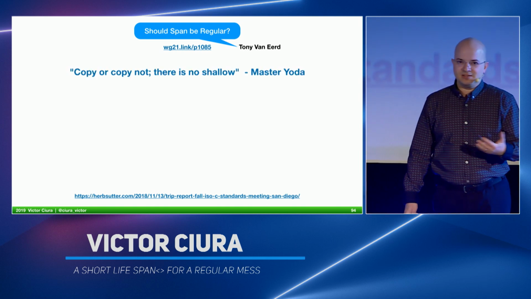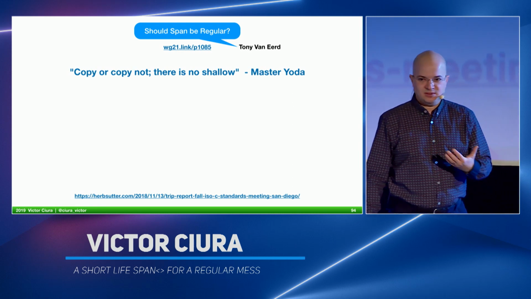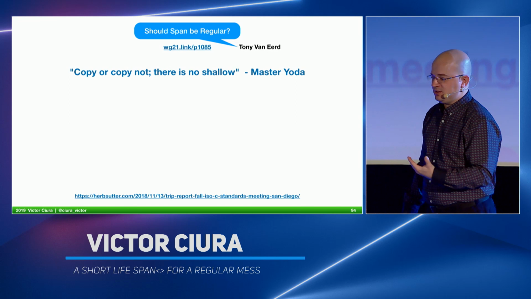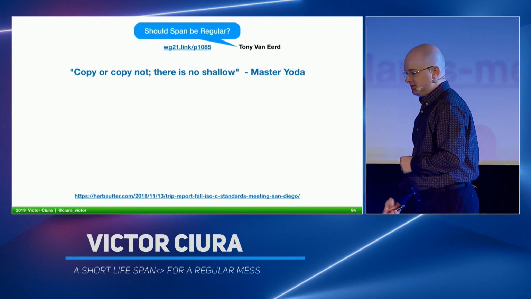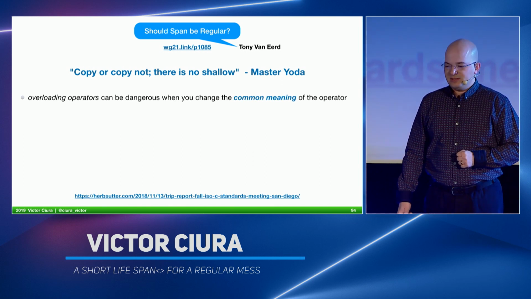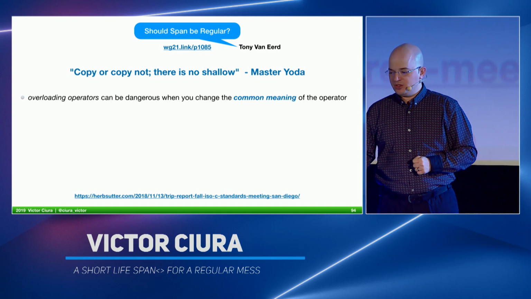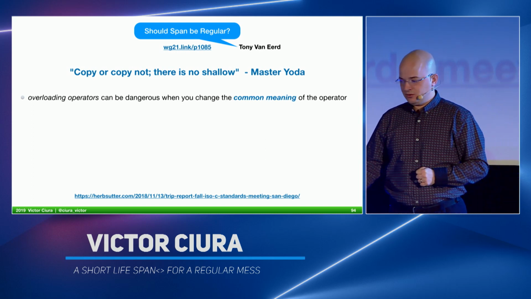It's an amusing paper to follow, but it has some really deep nuggets of knowledge in there, and it does make references to Elements of Programming, so I liked it. And it talks about how overloading operators can be dangerous when you change the common meaning of the operator. We already mentioned that at the very beginning of the talk.